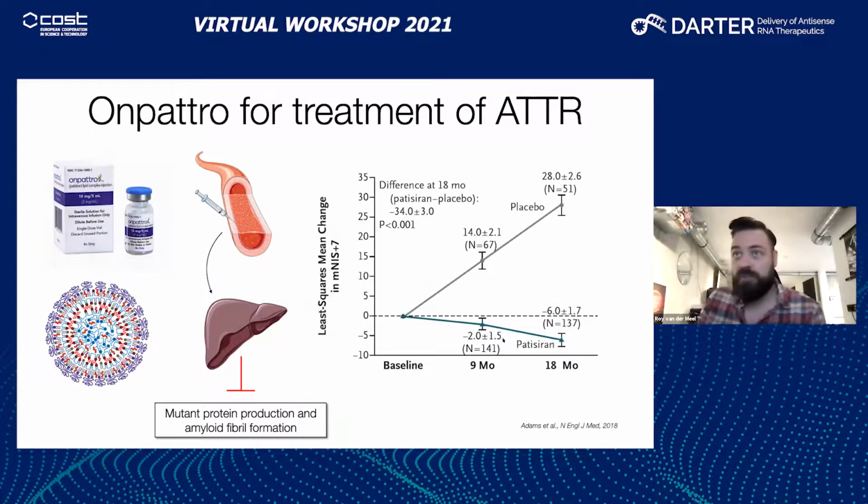And she also showed these results from the clinical trial, showing the neuropathy impairment score, where the placebo group has progressive disease, and patients being treated every 3 weeks with an injection or an infusion of Onpattro stabilize the disease because it inhibits the protein production that causes this fibril formation in these patients.